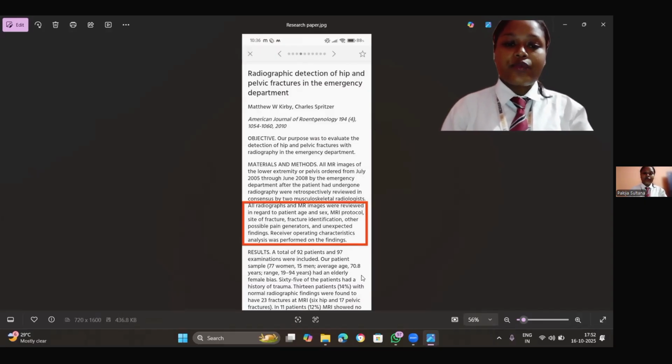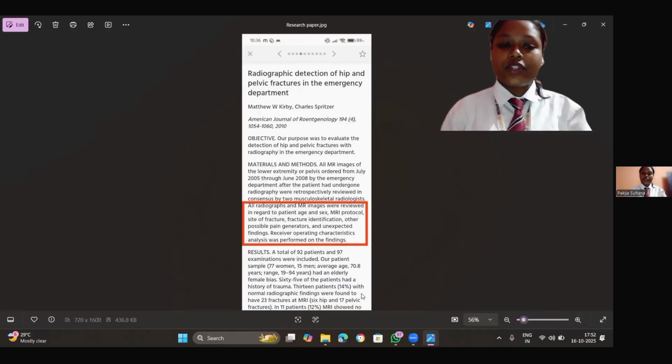All images, both X-rays and MRIs, were retrospectively reviewed by two musculoskeletal radiologists to ensure accurate comparison. Each case was analyzed in terms of patient age, sex, MRI protocol, and site of fracture.